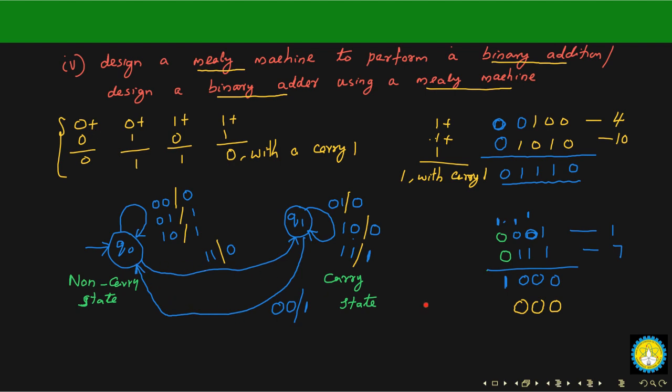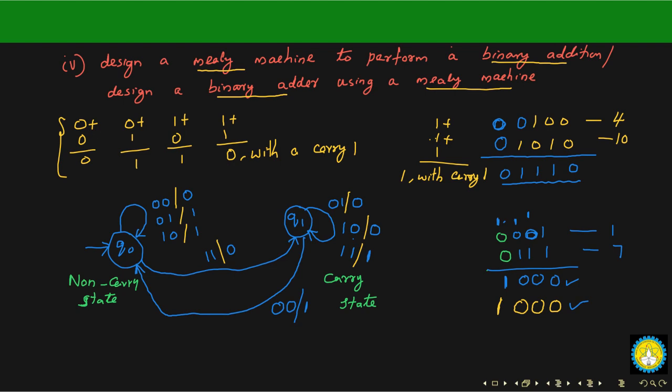That's very important. So now, since you're seeing a 0 0, your output is going to be 1, and now you are at Q0. We can verify that the answer that we have done manually matches with the answer given by the Mealy machine.